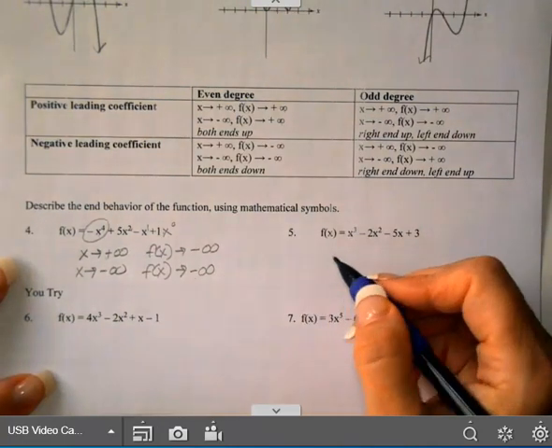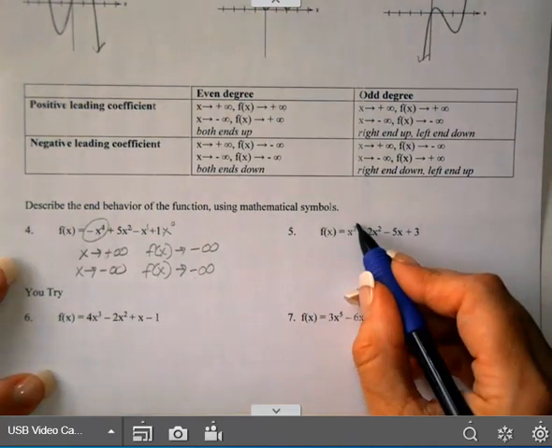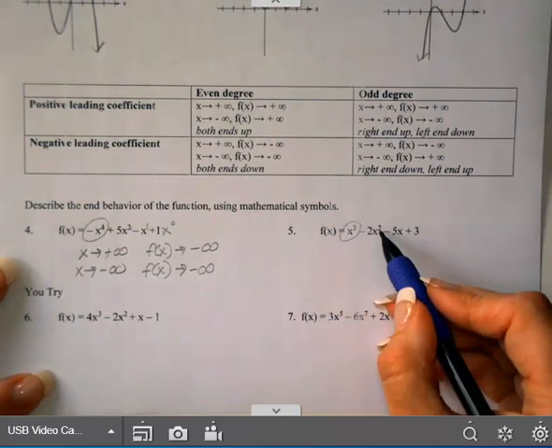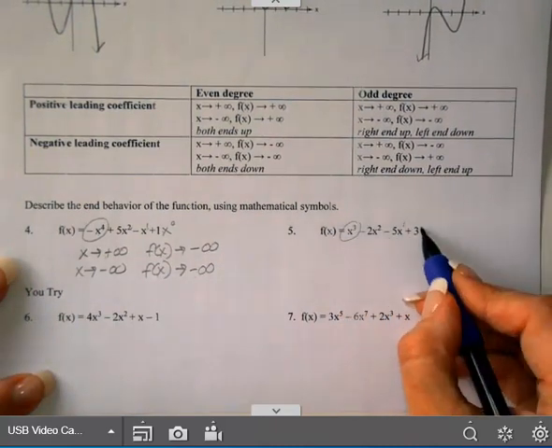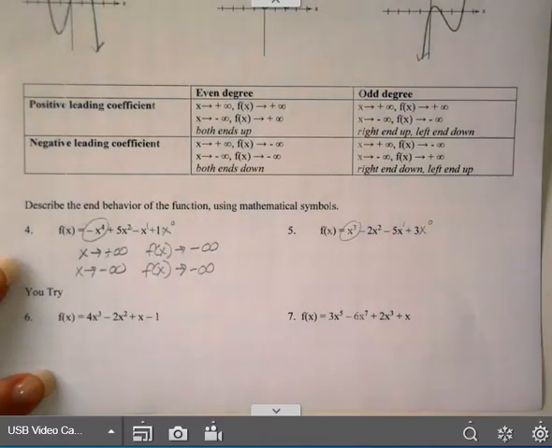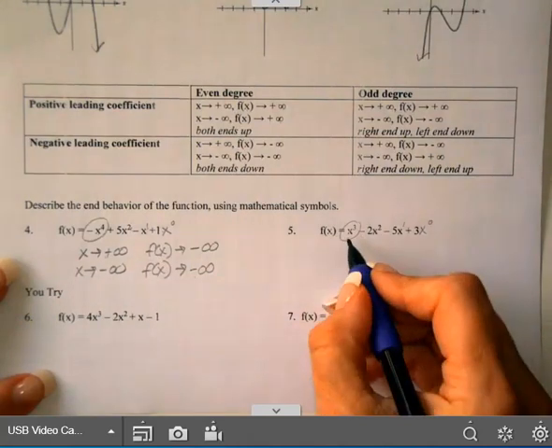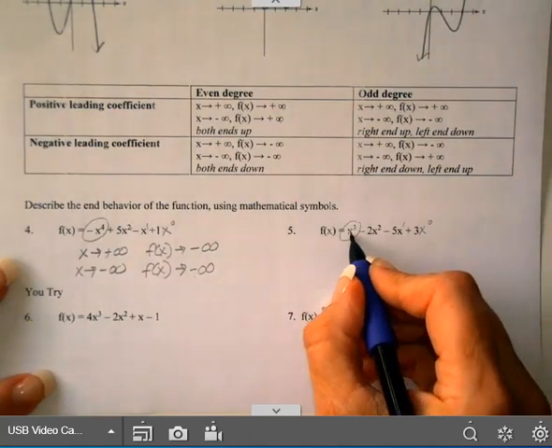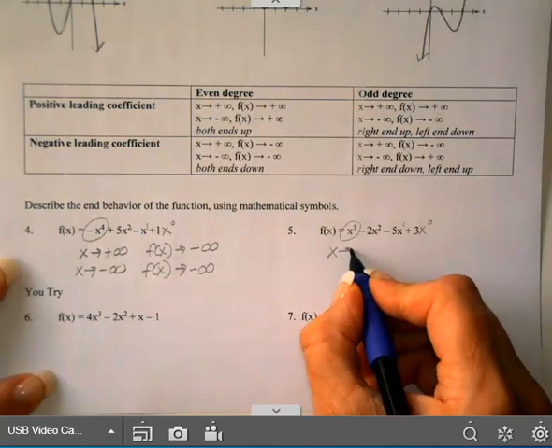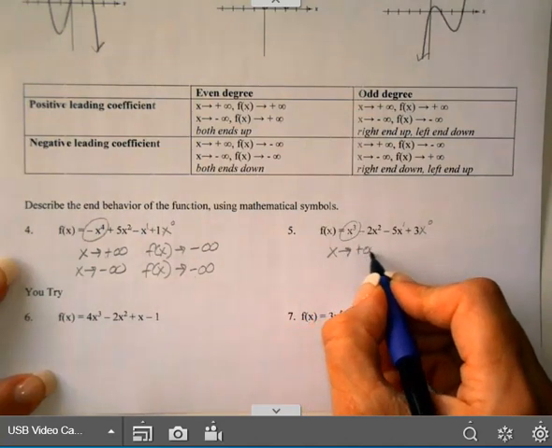On number 5, my leading term is here. That's the highest exponent. That's x squared, x to the first, and this is no x's. If you want to write x to the 0, you can. So they put it in standard form. They're in order. My degree is odd on this one, so they're going to go opposite directions.